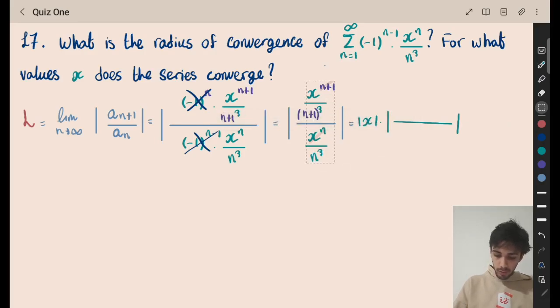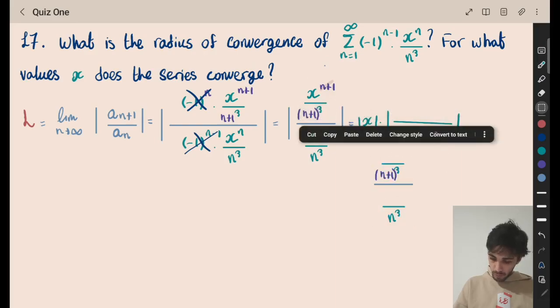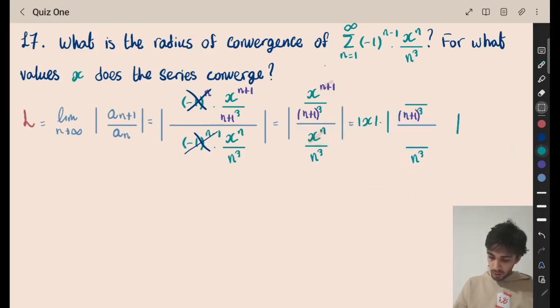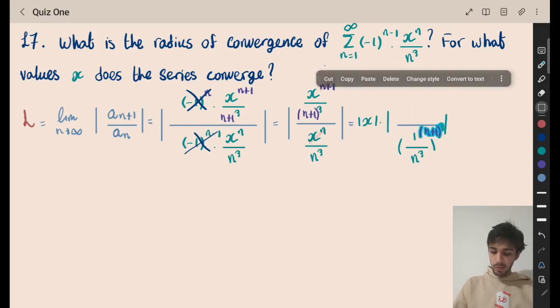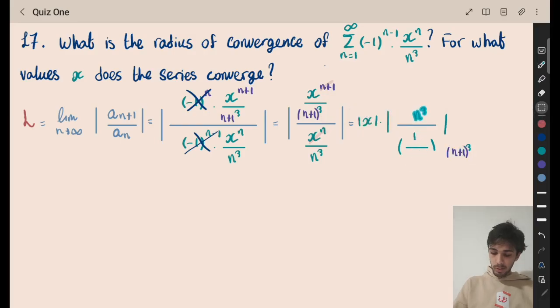On the bottom we have 1 over n cubed, and on top we have... I know this looks weird. Now it doesn't. And since this is a fraction of fractions, we can flip the fractions, and therefore this will go downstairs and that will go upstairs.